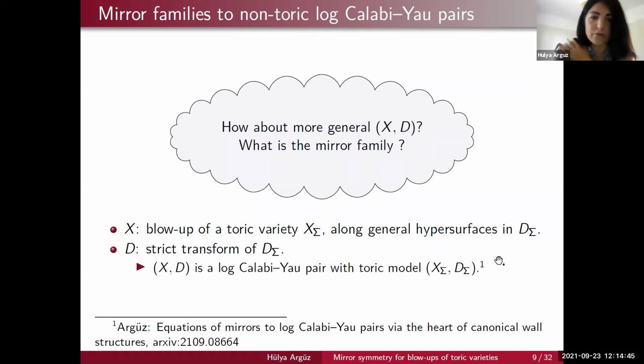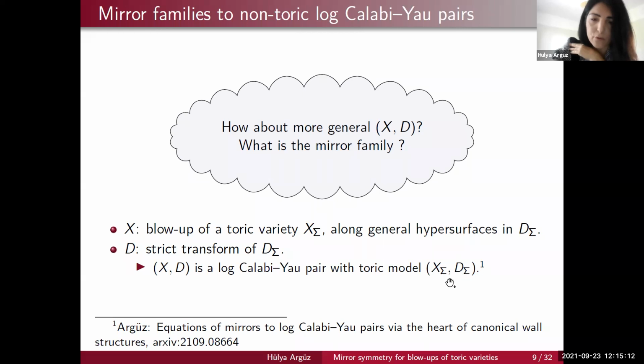I will consider these situations, and in these situations we also know how to write explicit equations for mirrors, running the Gross-Siebert algorithm, in arbitrary dimension. In this situation, X_T is called a local Calabi-Yau pair with a toric model.